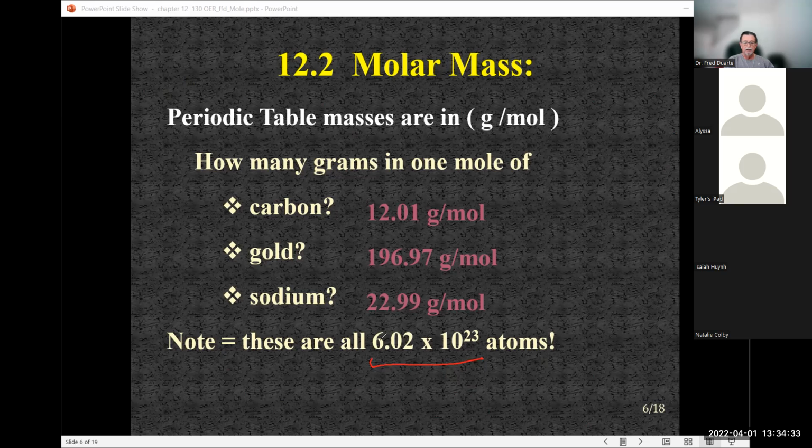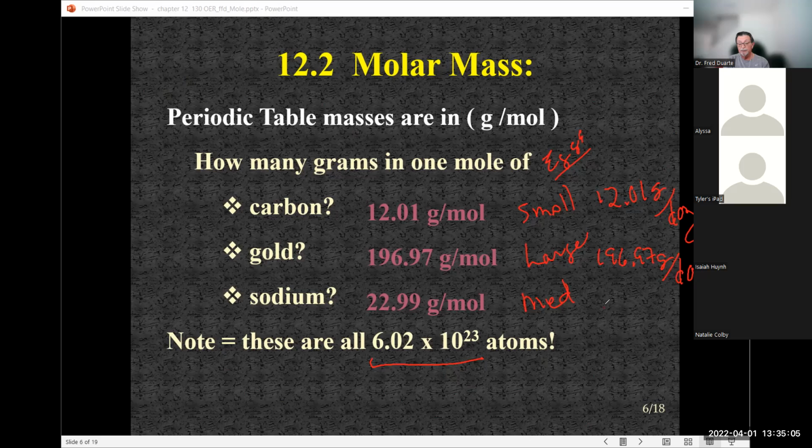All right. It'll be analogous to small, medium, and large eggs, as an analogy. The small eggs would be 12.01 grams per dozen. Okay, the large eggs would be 196.97 grams per dozen.